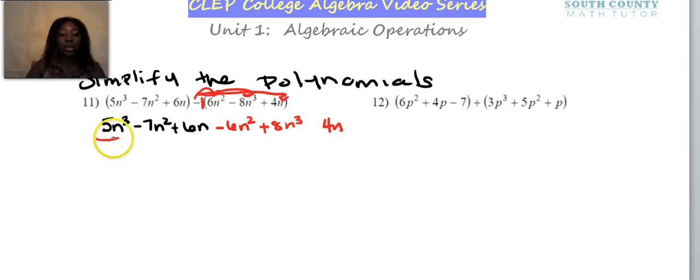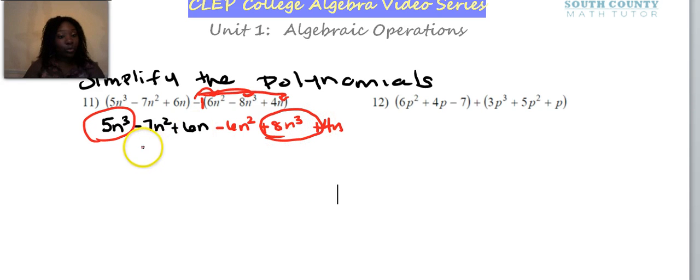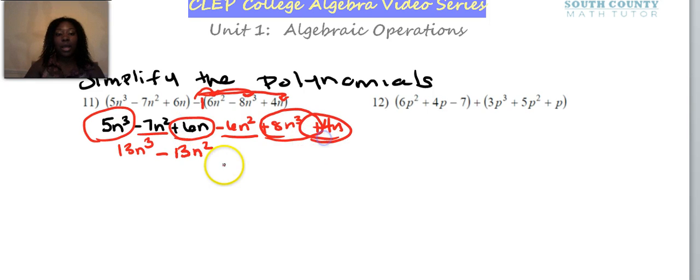Combine like terms. 5n cubed goes with 8n cubed, and together that's going to give you 13n cubed. Minus 7n squared minus 6n squared, together that's negative 13n squared. 6n plus 4n.